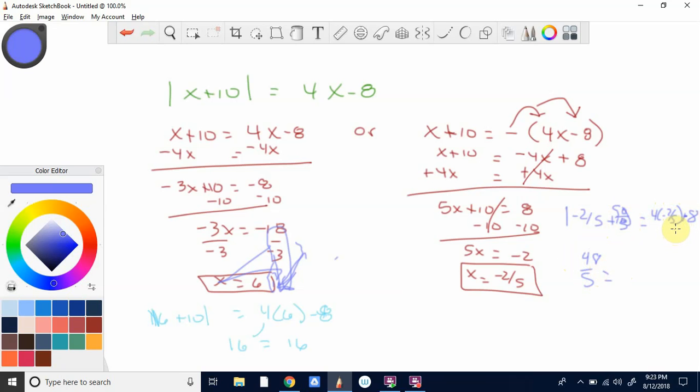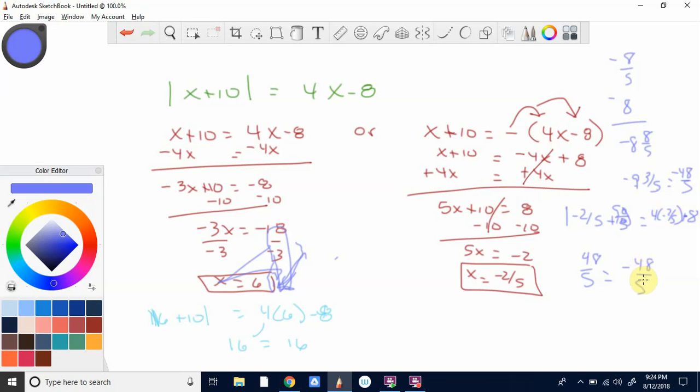This was negative 2/5, so I have negative 8/5 minus 8. Since they're the same sign, I'm going to add them. So I get negative 8 and 8/5, which is 1 and 3/5, so that's negative 9 and 3/5, which equals negative 48 over 5.